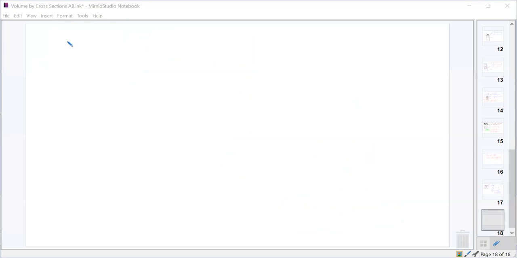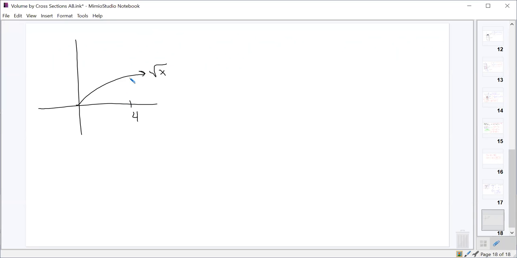All right, let's say something like y equals root x. And let's go from, how about from 0 to 4? That's what we were doing before. But let's revolve it around the y-axis.